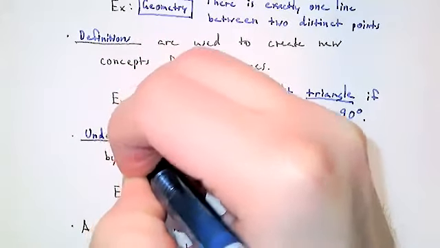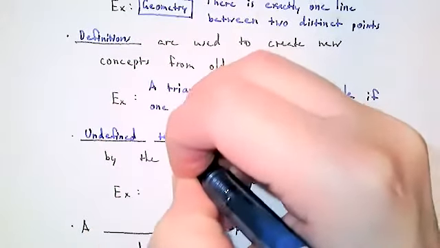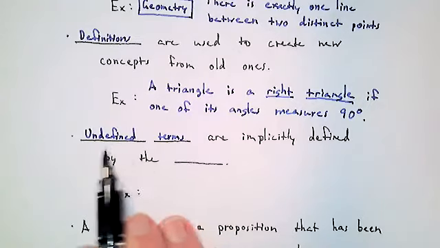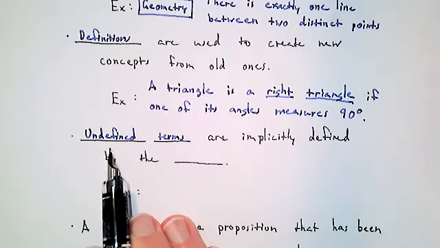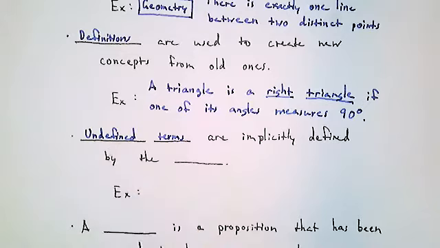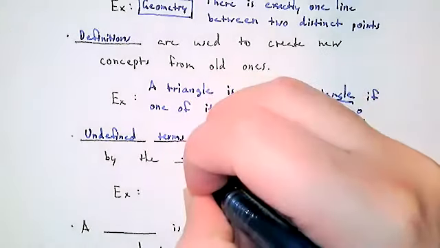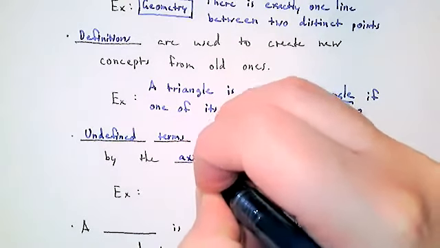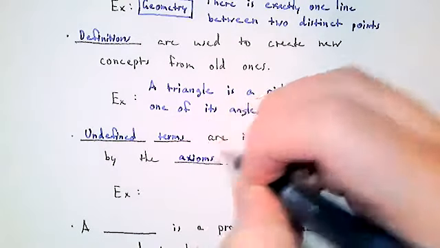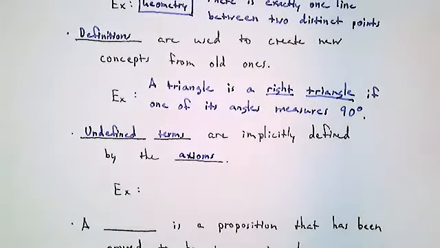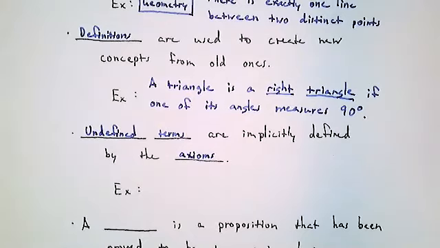Next up, after definitions, are undefined terms. And this one is a little bit harder, just a little bit, because we're deliberately leaving things unspecified or undefined. And these are things that are implicitly defined by the axioms. Like in geometry, you never have an axiom for what a point actually is or what a line actually is.